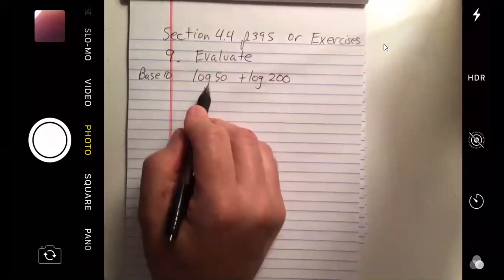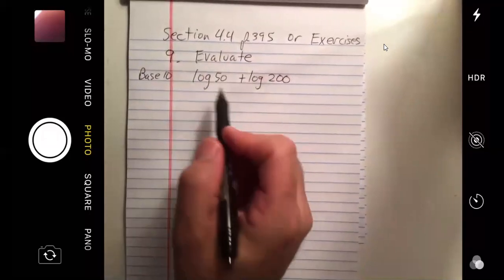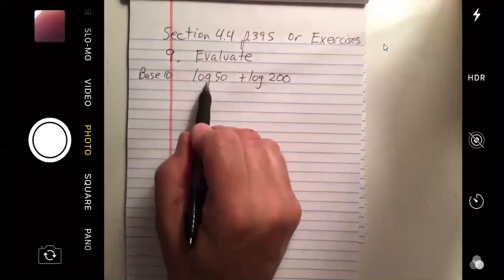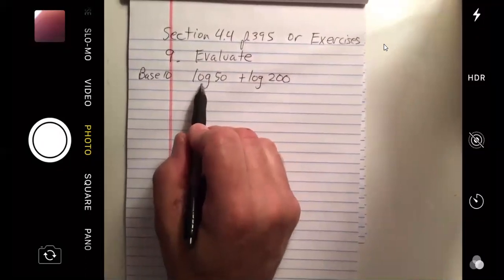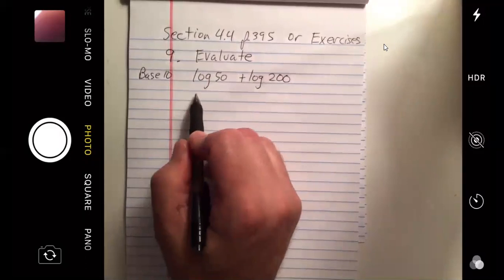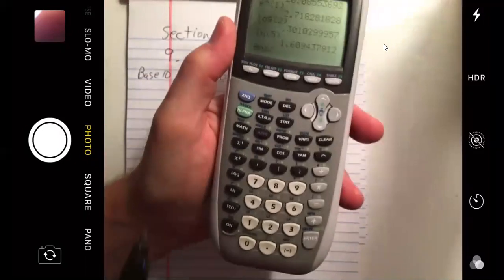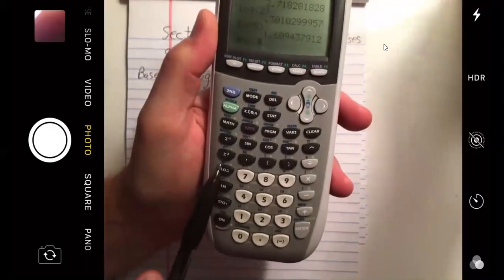These are base 10, even though they don't show you the 10. When it's just understood, the notation LOG is base 10. You can see it on your calculator when it's paired with the 10 to the x key. I can show you that. LOG is paired with 10 to the x.